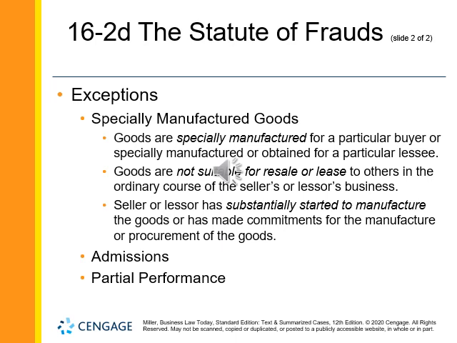Finally, in the case of partial performance, an oral contract is enforceable if the buyer has made and the seller has accepted payment for the goods, or if the buyer or lessee has received and accepted the goods, but only to the extent of the quantity paid for or accepted, respectively.